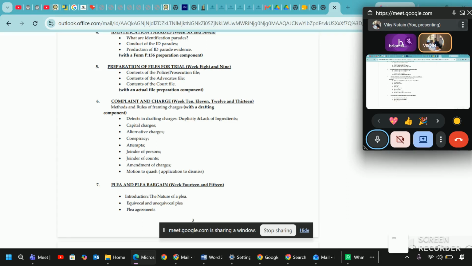Murder information is adequate if it clearly states the offense and gives reasonable particulars. So that one appeared to be straightforward.